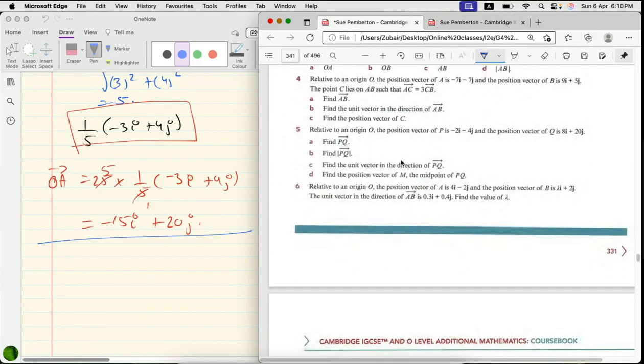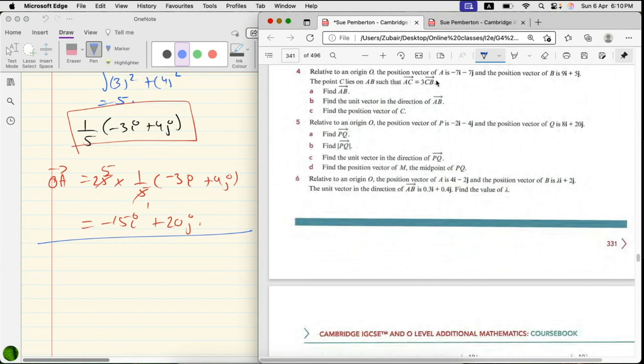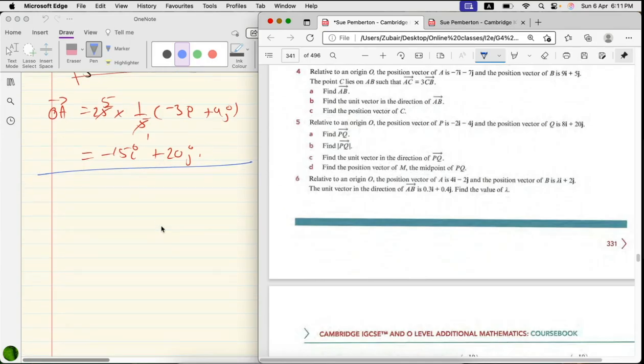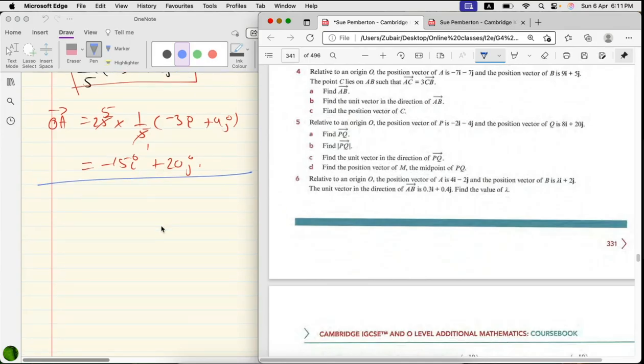Relative to the origin, the position vector of A is given, the position vector of B is given, and point C lies on AB such that AC is equal to this much. First we need to find AB. A is given, B is given.